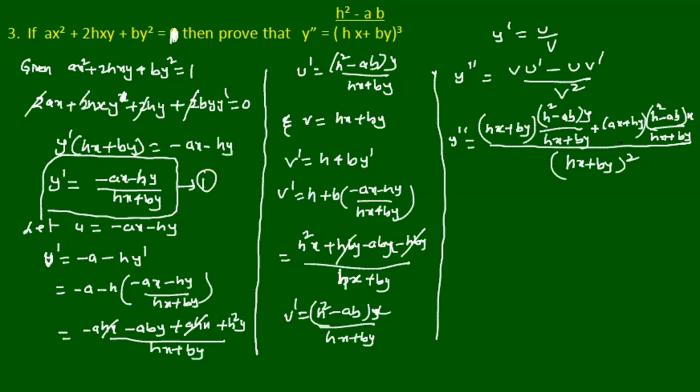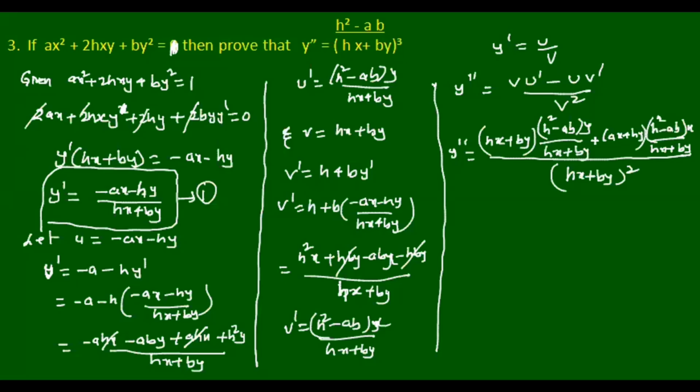So 1 by hx plus by taken common. So when you take 1 by hx plus by common, this becomes hx plus by, 1 by hx plus by into hx plus by whole square, hx plus by whole cube. Just multiply. Take h square minus ab common.